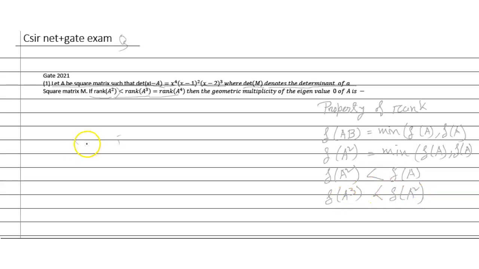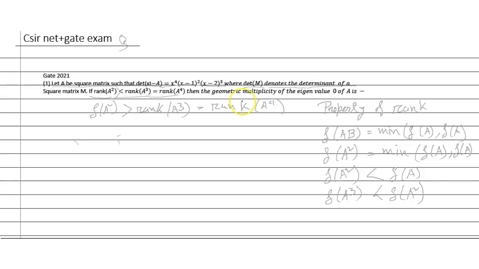So we see the rank of A square is greater than or equal to rank of A cube, equals rank of A to the power 4. This is correct. The question as stated is wrong for the GATE examination.